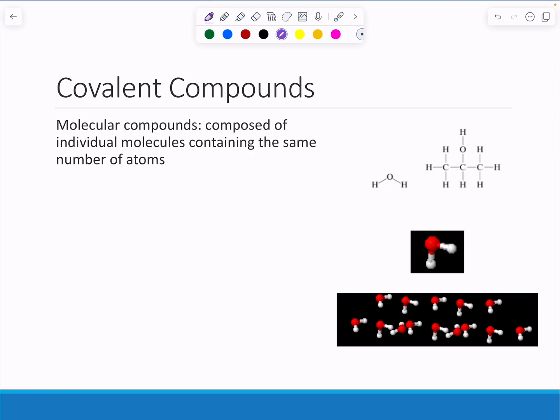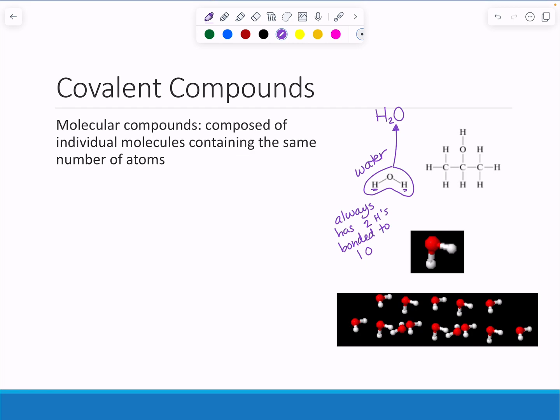So a molecule of water always has 2 hydrogens bonded to 1 oxygen. And the formula for this, if we go for our chemical formulas where we put the symbol for the element, and the symbol for the other element, and then we use subscripts to tell us how many of each type of element we have. So that would be H2O.